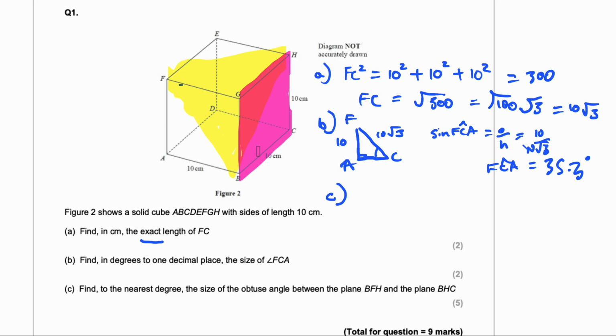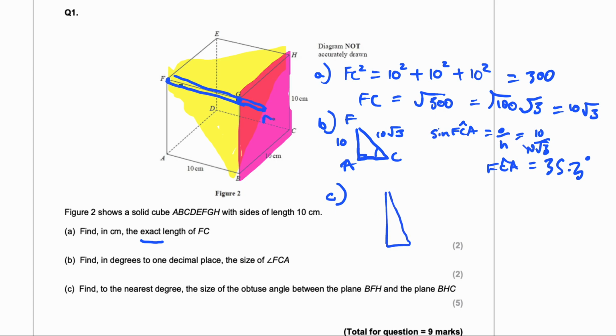Okay, so to find the angle between those two planes, you need to find a point on plane 1, a point where the two planes meet, and a point directly below. And so we want to try and look at this right angle triangle. It's hard to see it, so let's draw it over here.